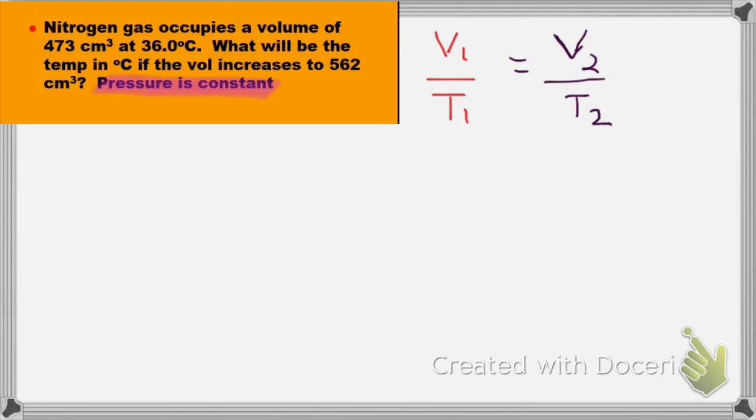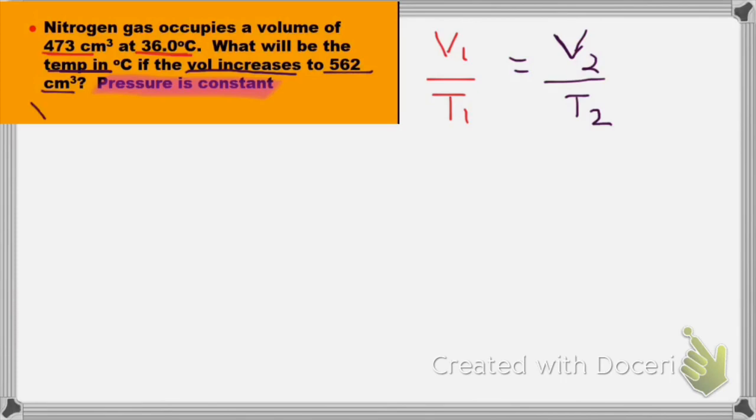So let's think about what's happening here in the problem. First, let's find our first set of conditions. We have a volume of 473 centimeters cubed and 36 degrees C. And we're being asked, what will happen to the temperature if the volume increases to 562?